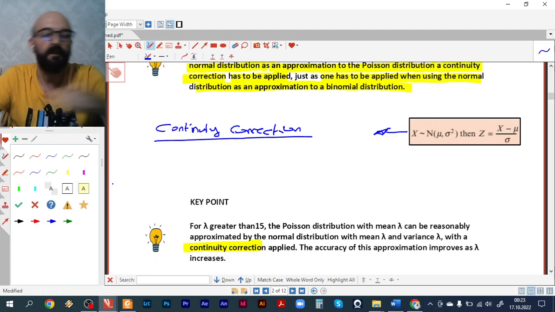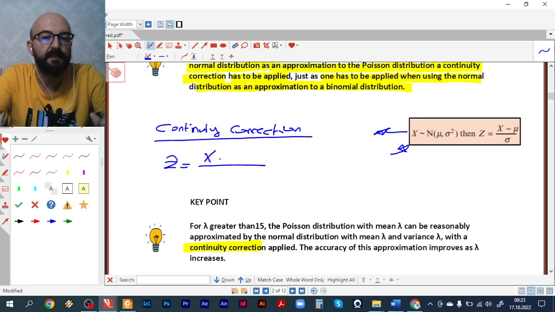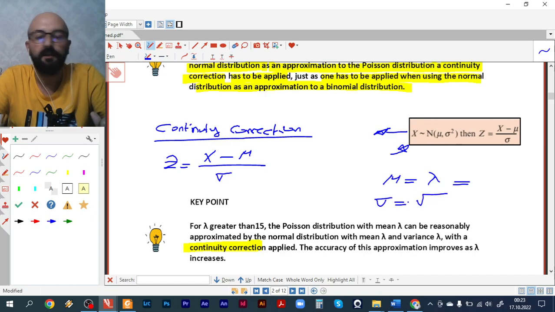So when you want to convert x to z value, you use this formula: z equals x minus nu over standard deviation. But please remember that in Poisson distribution, nu means lambda, and standard deviation means square root of lambda.